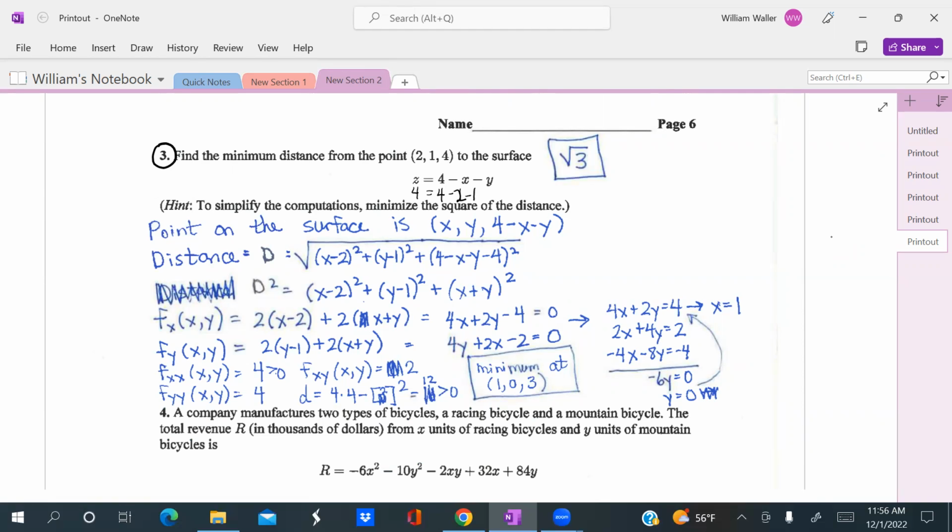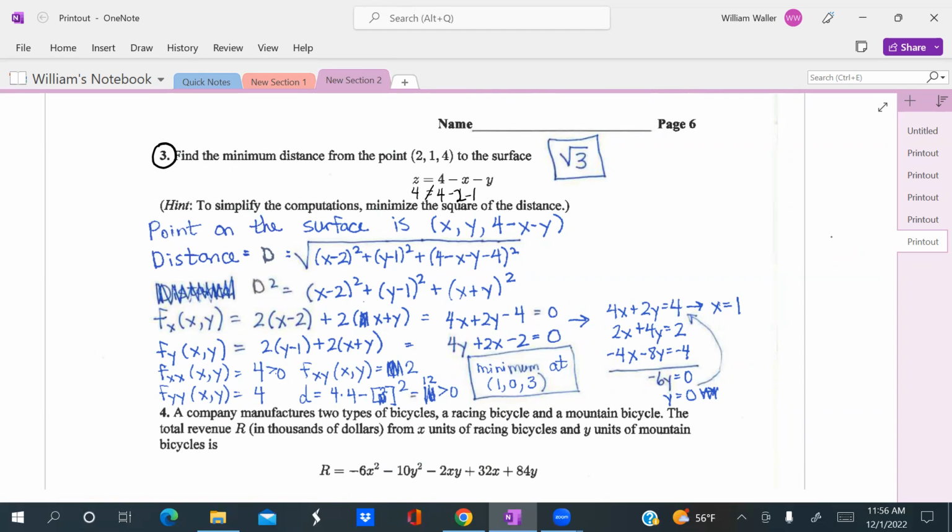And that is not a true equation. So this point does not satisfy the equation, which means this point is not on this plane, correct? Great. So we do have an actual distance from this point to this plane.